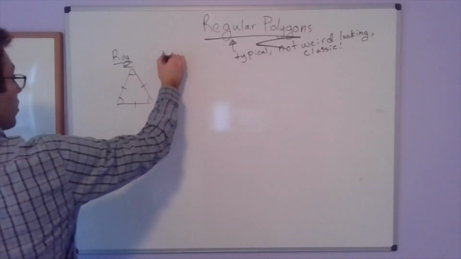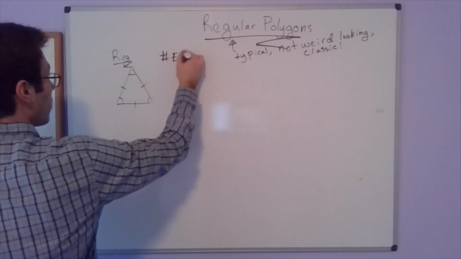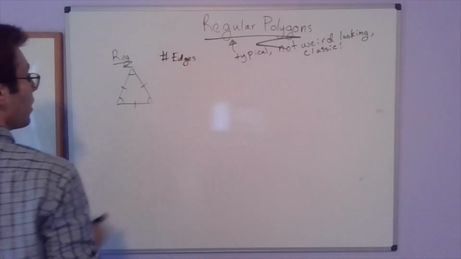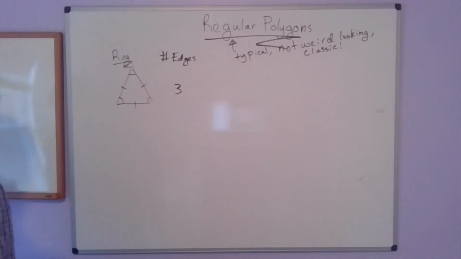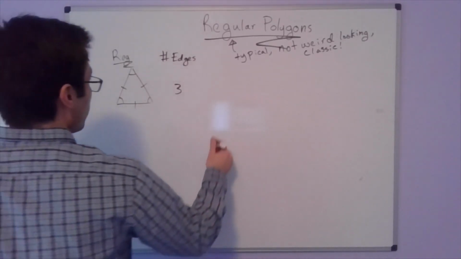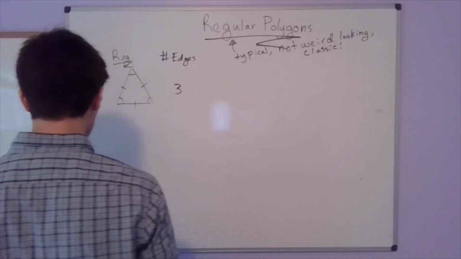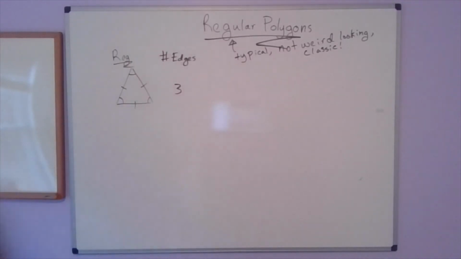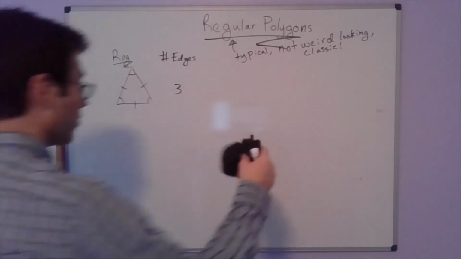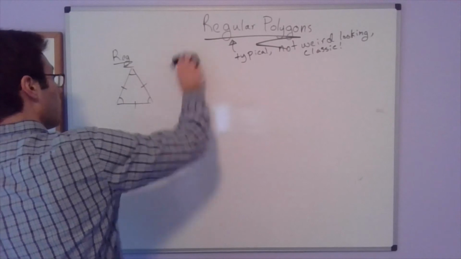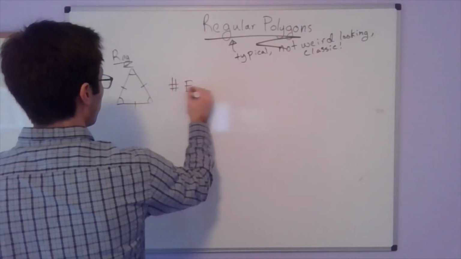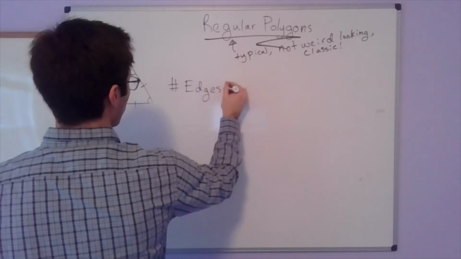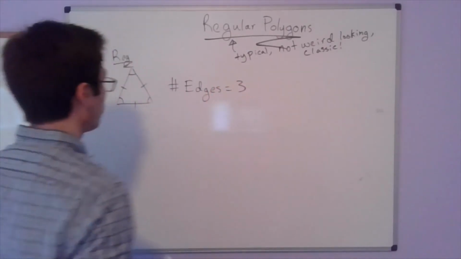The number of edges of this shape, we see 1, 2, 3, so it's just 3. The number of vertices, I'm going to write it like this. Again, you're filling out a chart like this on a worksheet. Number of edges of this shape would be 3.